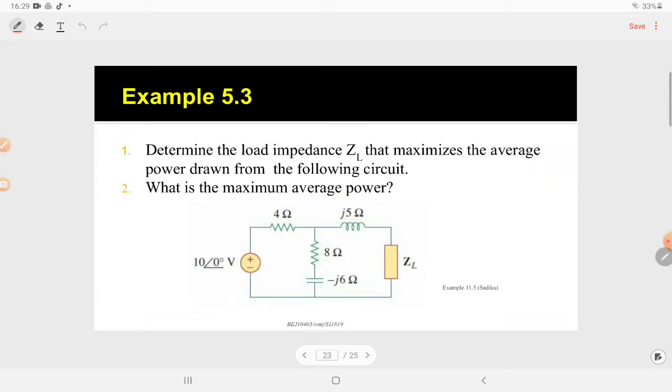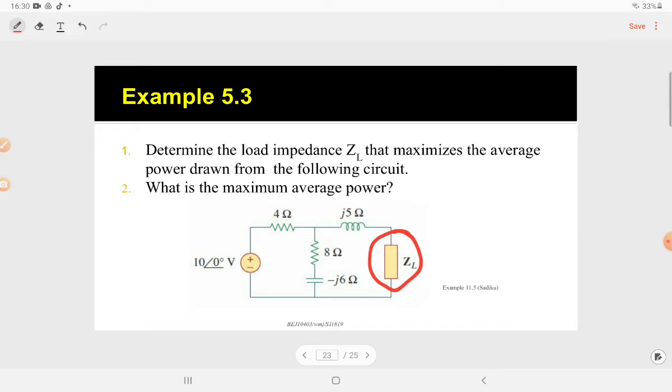All right, so we go to the example over here. Let's say you are given a circuit. You need to determine the load impedance ZL, the value that maximizes the average power drawn in the following circuit.